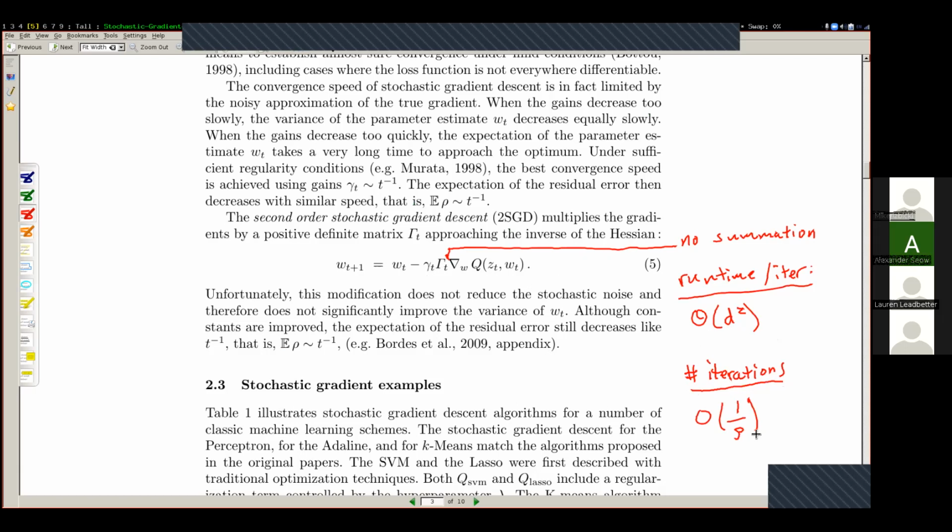So here, if you compare second order gradient descent to first order gradient descent, the runtime per iteration of second order gradient descent is strictly slower, that it takes quadratic time in terms of the dimension instead of linear time. But the number of iterations is going to be exactly the same, O of 1 over rho. And so there's basically no situation where you want to use second order gradient descent.